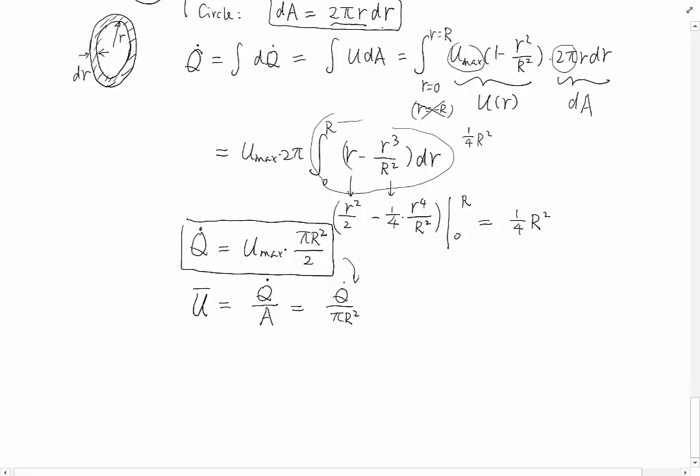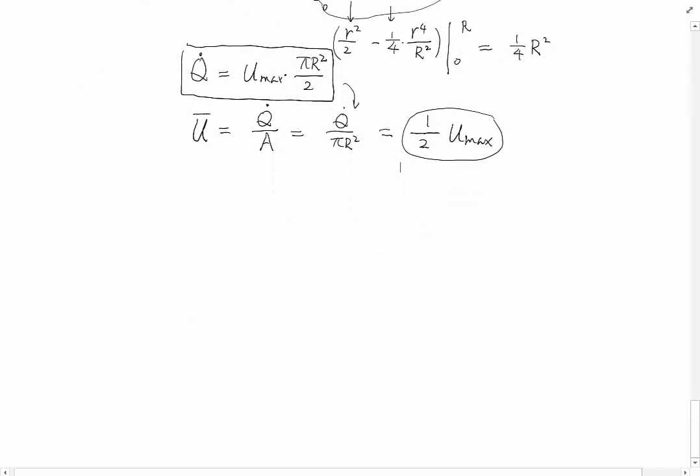And if we put this here, very easily we're going to see that the average velocity for a pipe that has a parabolic velocity profile is half of the Umax. So this is different from the rectangular flow in a parallel plate.